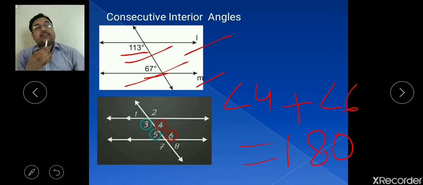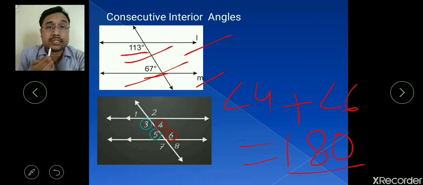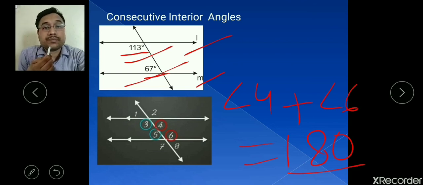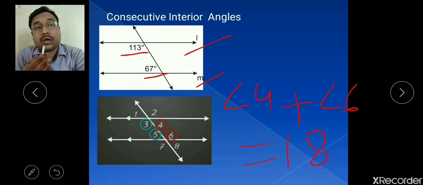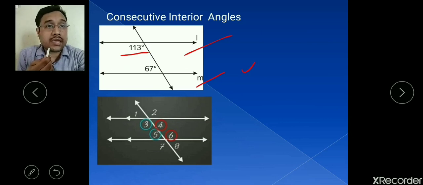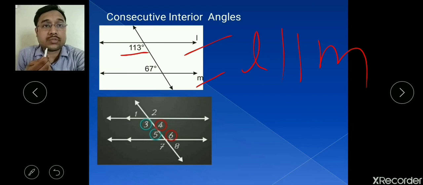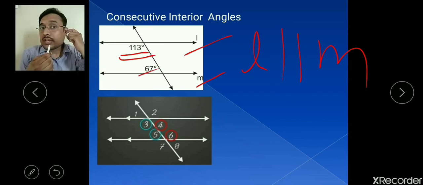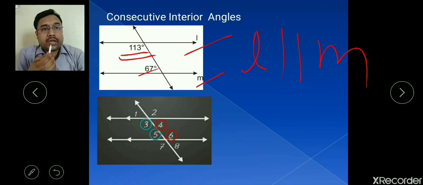And it is necessary that the two lines are parallel. If the two lines are not parallel, then you cannot say that the sum is 180 degrees. If line L is parallel to line M, then you will say that this 113 and 67 will come like this only, that their sum will be 180.